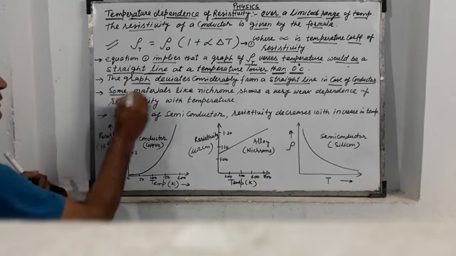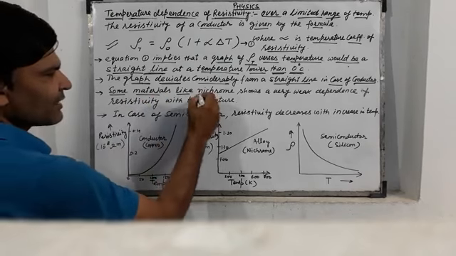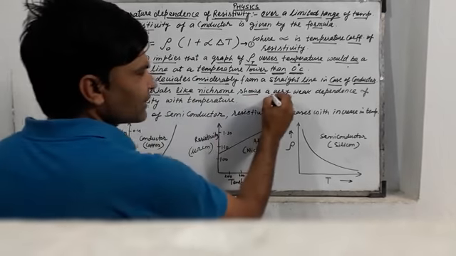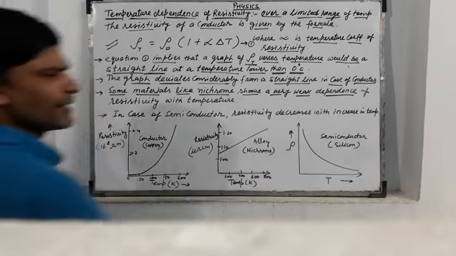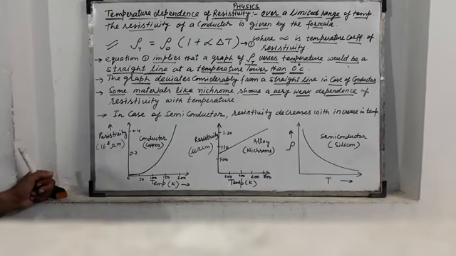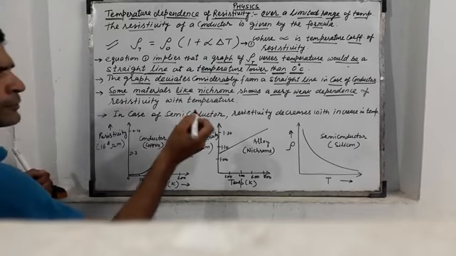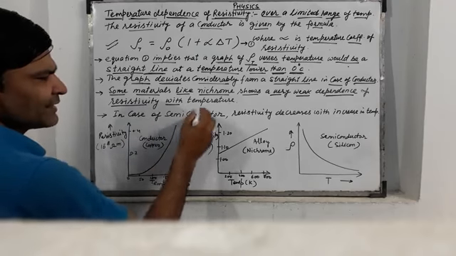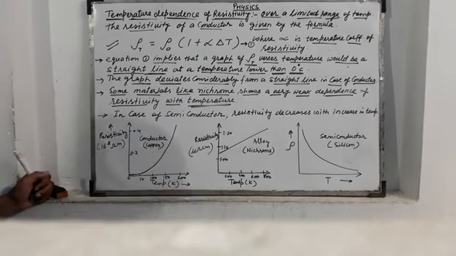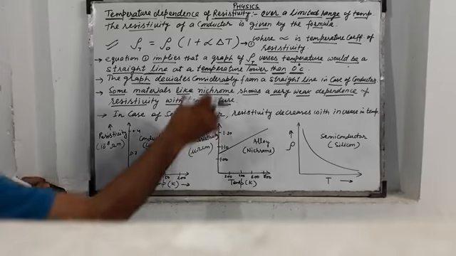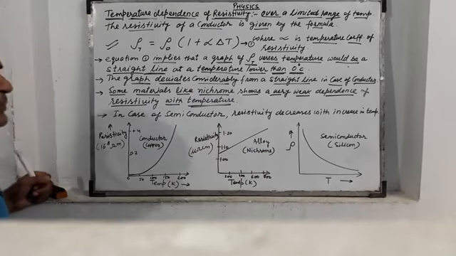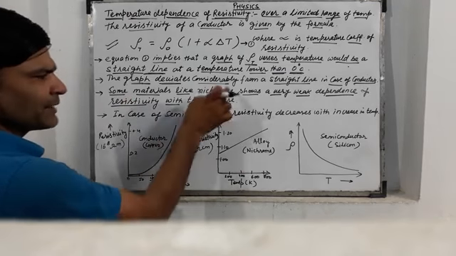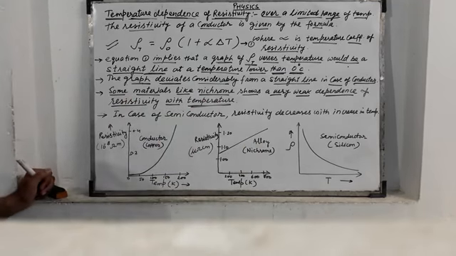Some materials like nichrome, an alloy, show a very weak dependence of resistivity on temperature. Means in case of an alloy, for example nichrome, resistivity is nearly independent of temperature.